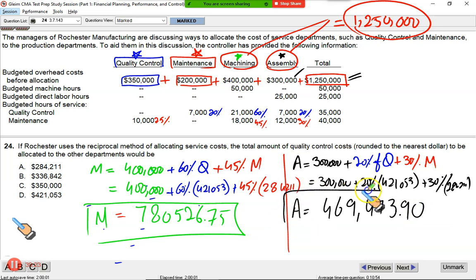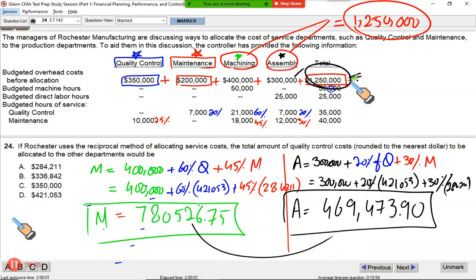If my calculation is correct, then this green and blue must be equal to 1.25 million, which means that we have successfully transferred the cost of quality and the cost of maintenance into machining and assembly. Let us do the total.